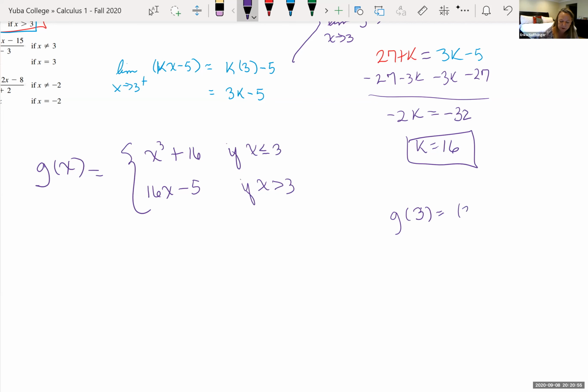This is equal to 3 cubed plus 16, which is equal to 27 plus 16, which is equal to 43.